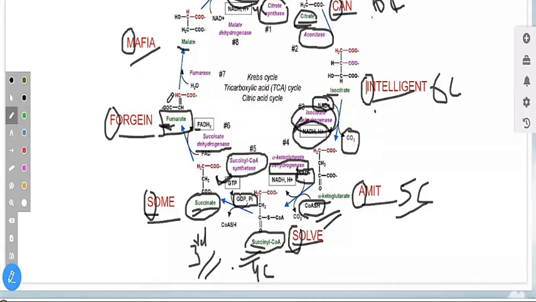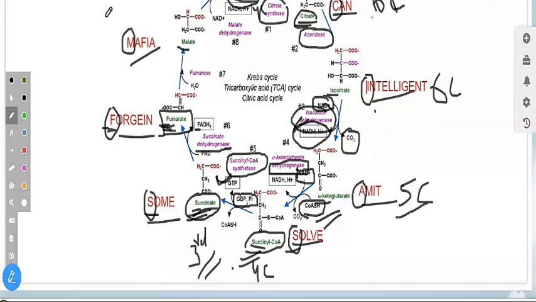Now FAD is converted to FADH2 in the presence of the enzyme succinate dehydrogenase, because here the substrate is succinate and a hydrogen atom is removed. That's why the enzyme is called succinate dehydrogenase. Now from succinate, fumarate is formed. So F stands for fumarate.